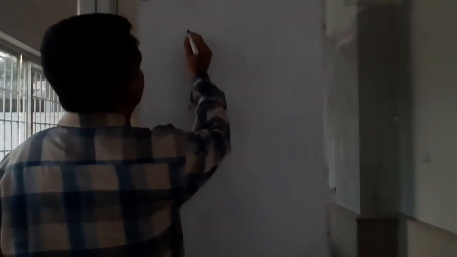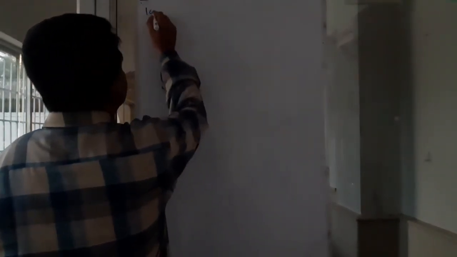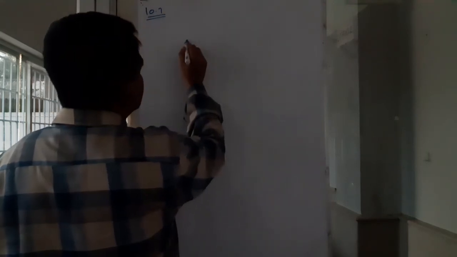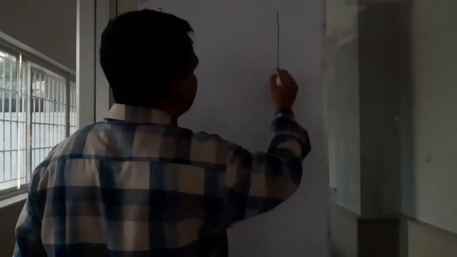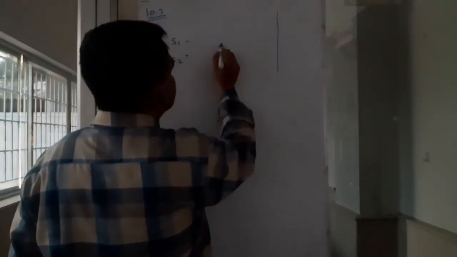So what is asked? You're doing a double slit experiment and you get the fringe width, which is given in angles. First of all, this is 10.7. So I have S1, S2, and I have the screen. Let's say this is my central bright, the central maximum.